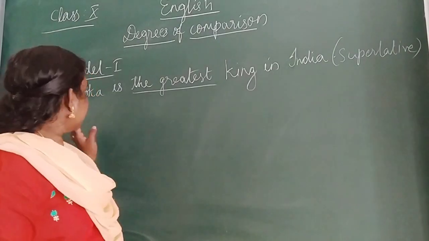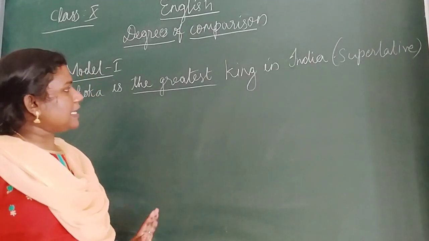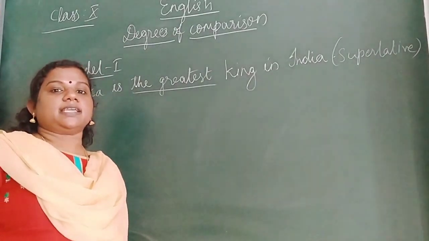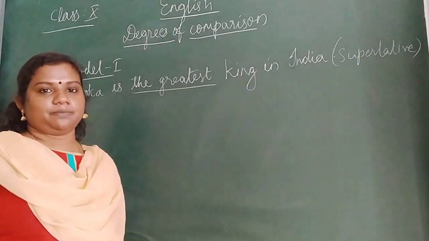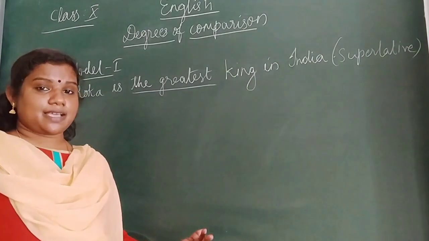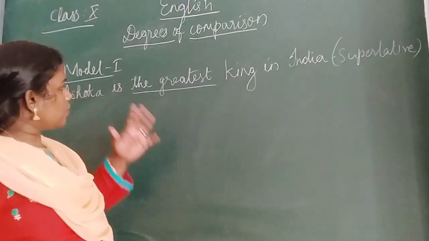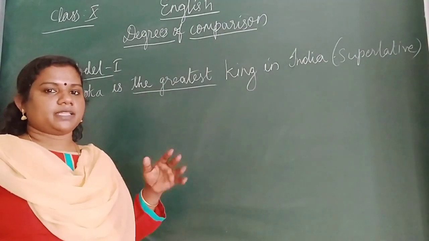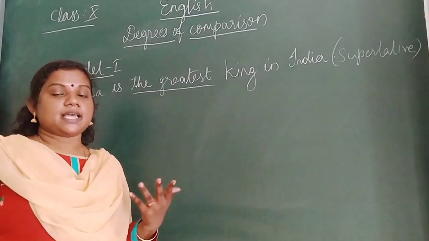The sentence is: Ashoka is the greatest king in India. Do you know about this king Ashoka? What is the meaning of this sentence?